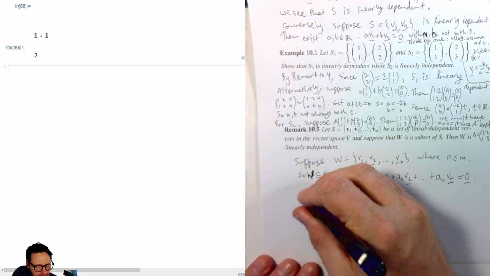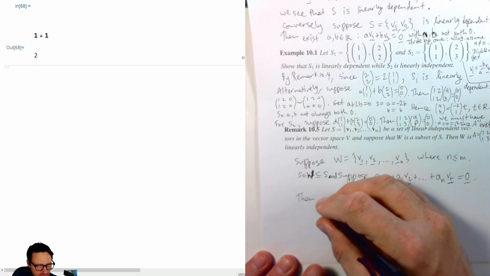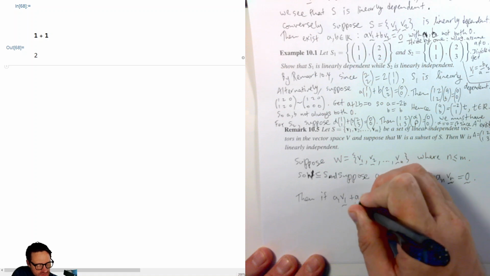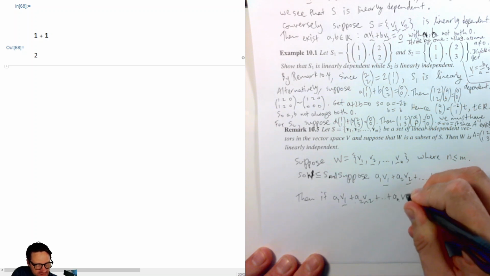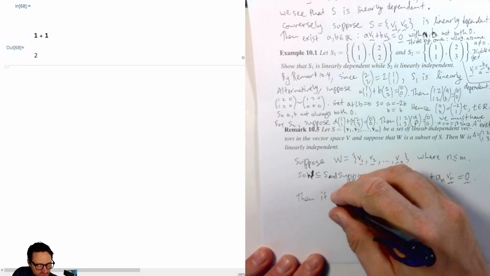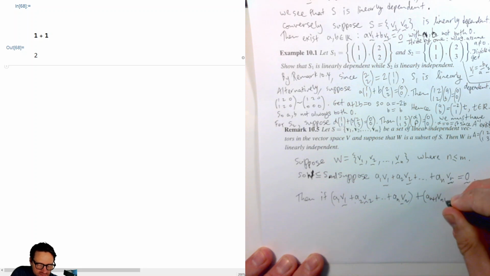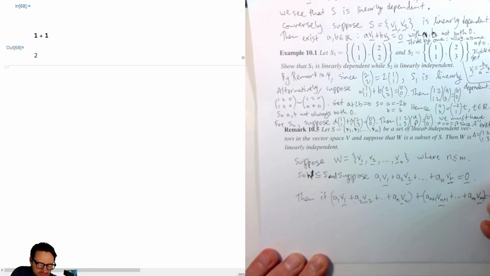Okay, then if we have a1 v1 plus a2 v2, etc., plus an vn, put a bracket around that, plus a(n+1) v(n+1), and so on up to am vm equals 0.